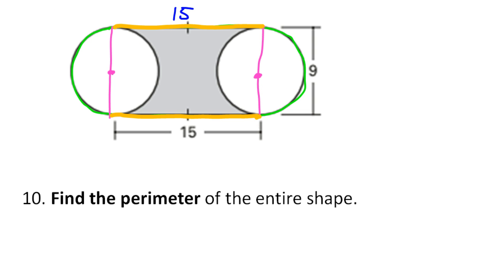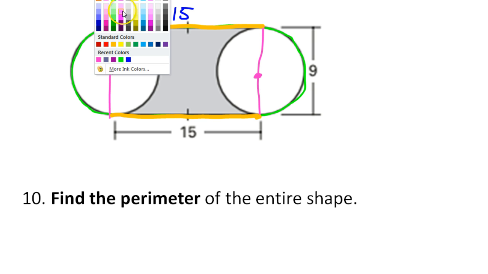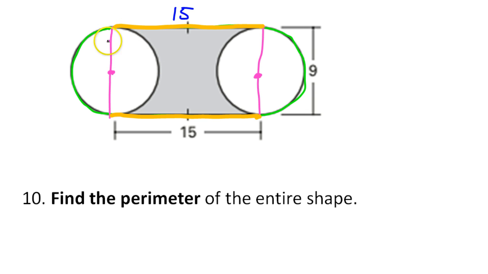Now, the most efficient thing to do is to recognize that if you took the green part on the left, which is like this, and then took this green part on the right, which is like this, and put them together, what do you have? You have one whole circle.